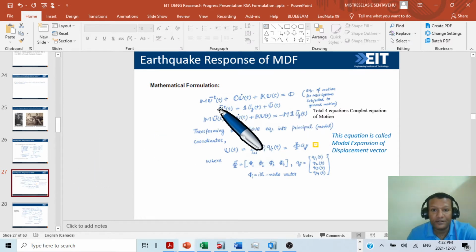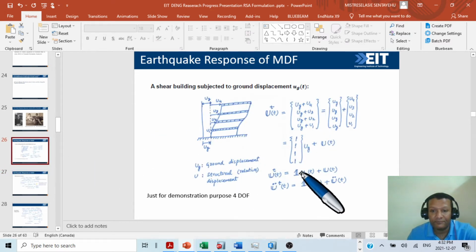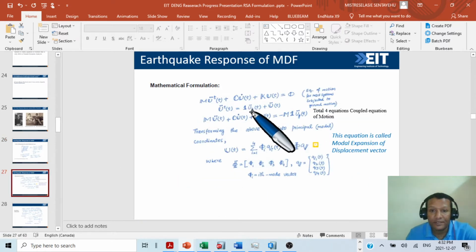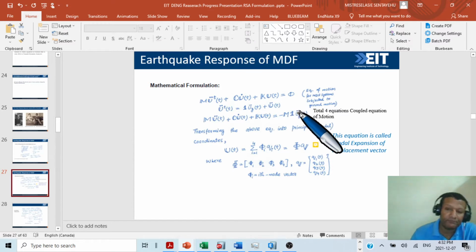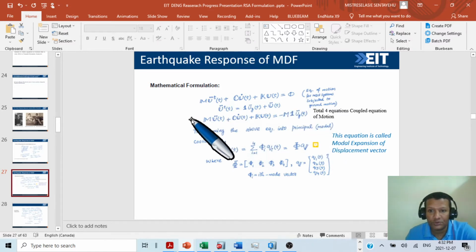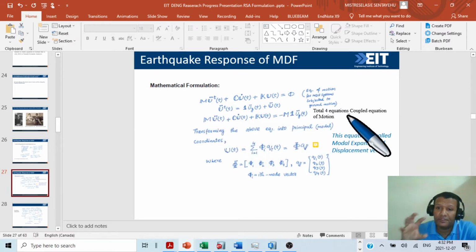But as we have discussed, u total is ground displacement plus structural displacement, so we replace u total with this second equation and take the ground term to the right. So M times u double dot minus M times ug double dot goes to the other side. This will be our equation.